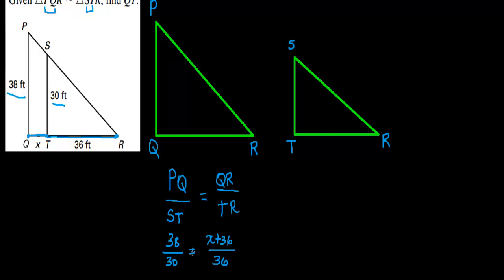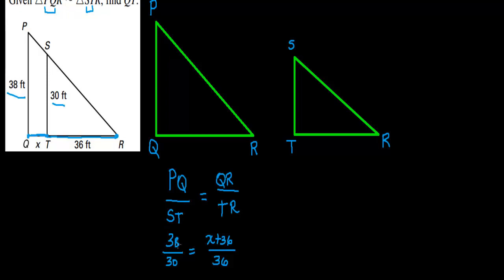And what you're going to do is you're going to cross multiply. So I'm going to start by first, you can cross multiply straight away, or you can simplify these ratios, this one here specifically, and make this number smaller, okay? But you can't cross out 36 and 36, and we explained in class why we can't do that.